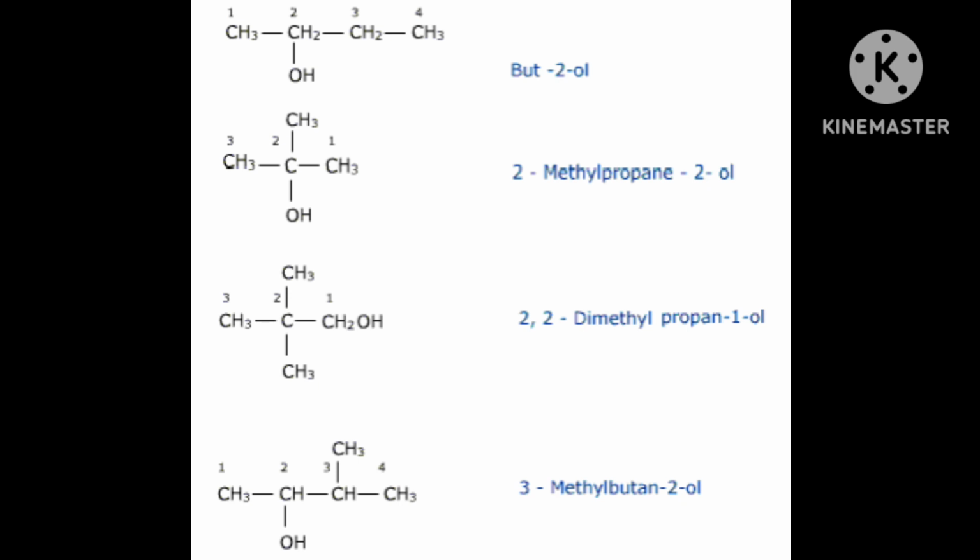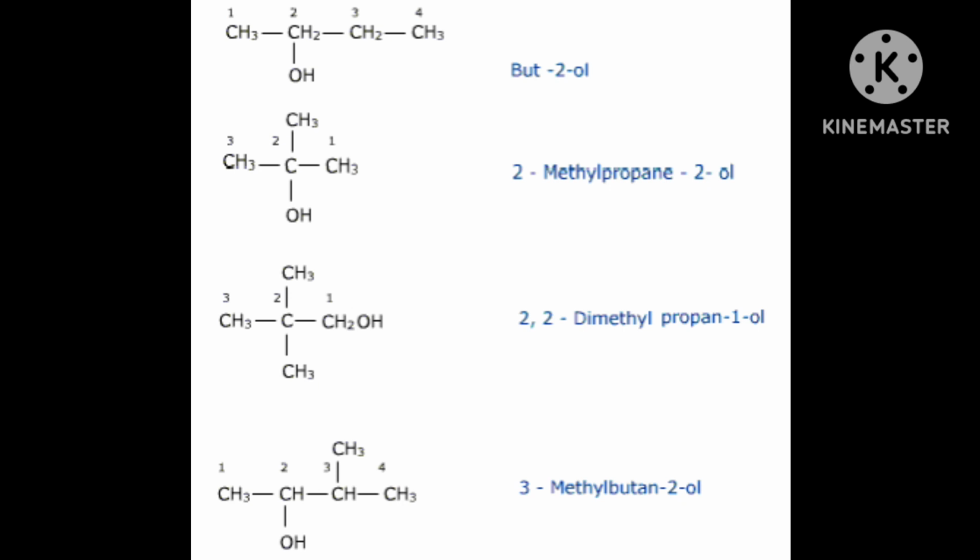Then what will the main branch be? The main branch will again be the alcohol chain, because 4 carbons are there, and the longest is considered the parent or main chain. Now in the second position, at carbon number 2, the OH group can attach, and it became an alcohol.